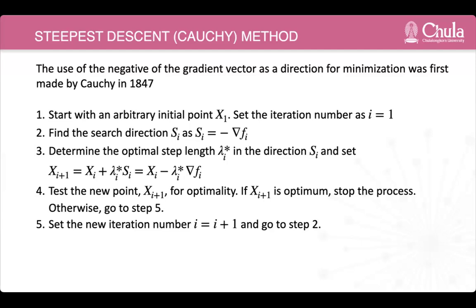Why do we take minus one? Because it is the direction perpendicular to the contour, opposite of the slope. Once you get the direction, we use the same formula to find lambda star. For lambda star, you have many algorithms: you can use an elimination method or an interpolation method, whatever you want.